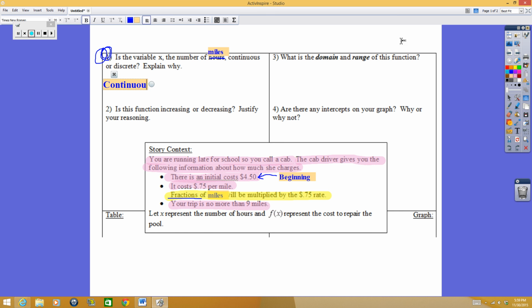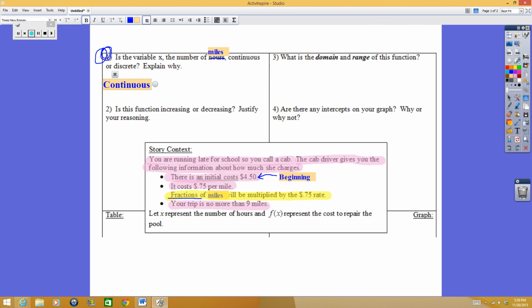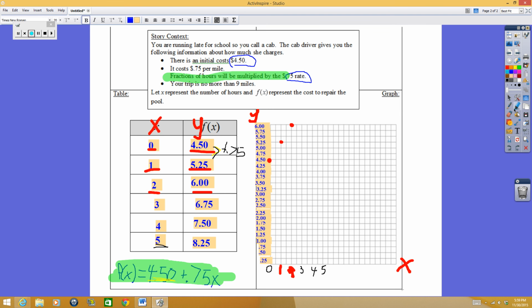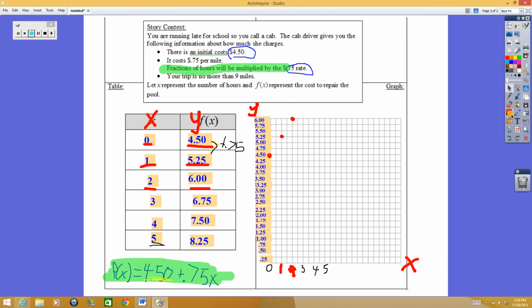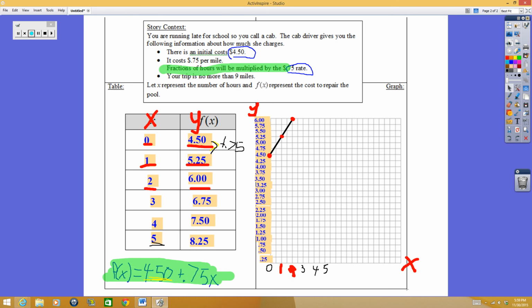Since it is continuous, you guys have learned that you can't leave your dots like this, because that means it is a discrete function. You have to connect your dots in order to prove to me that you know it is continuous. Anyway, so that's the table and graph. Hopefully that helped. If you didn't need it, sorry for wasting your time.